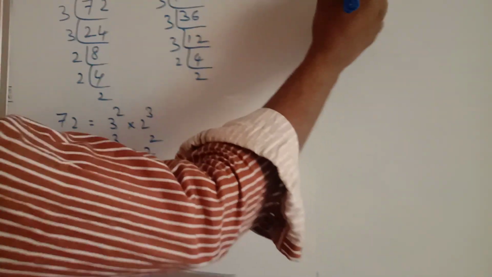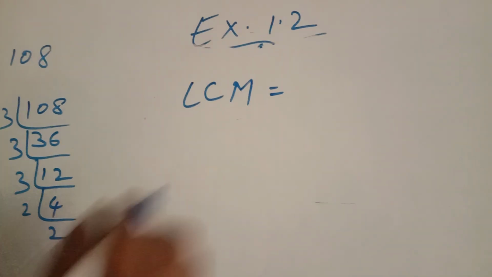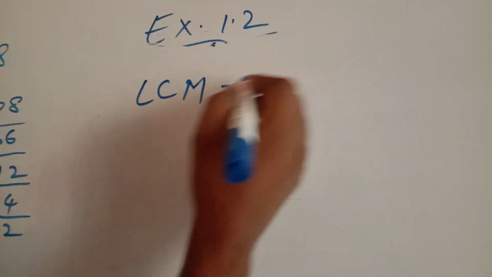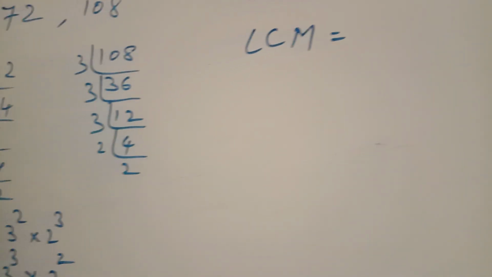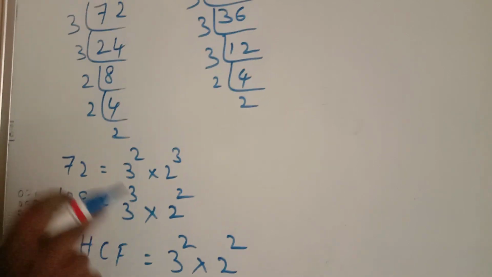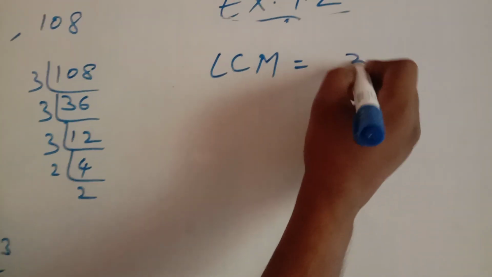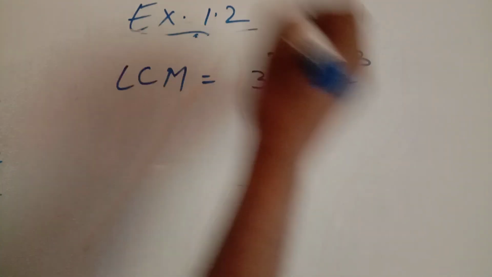Now you are going to find the LCM. LCM is equal to the highest power of the common factorization, that is 3 cube into 2 cube.